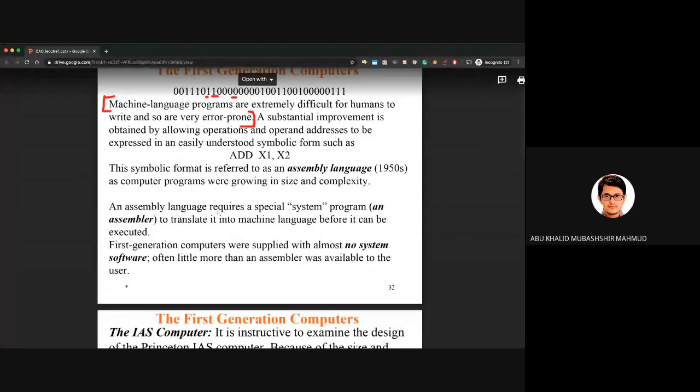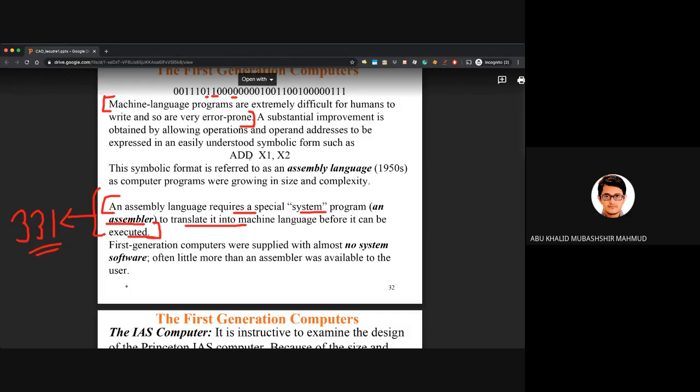Now the assembly language requires a special system program, an assembler, to translate it into machine language before it can be executed. This process, these three lines, would be discussed in your 331 CSE compiler design course, and you will see firsthand how this takes place.